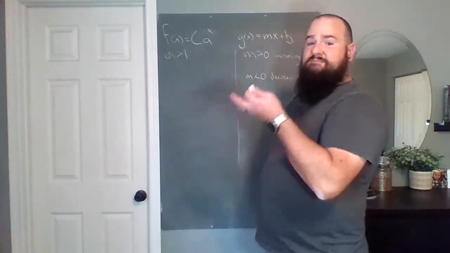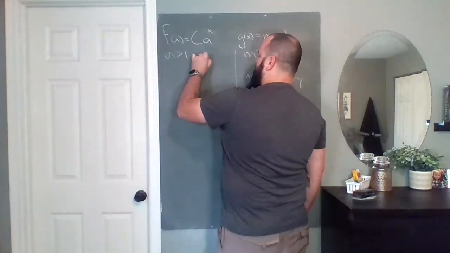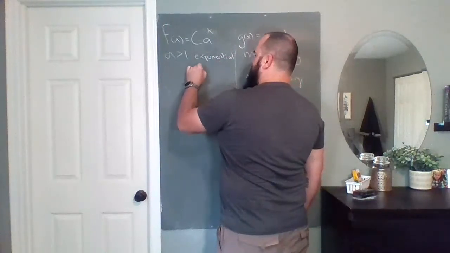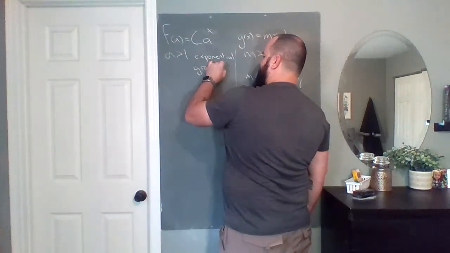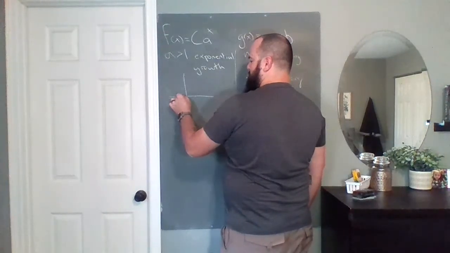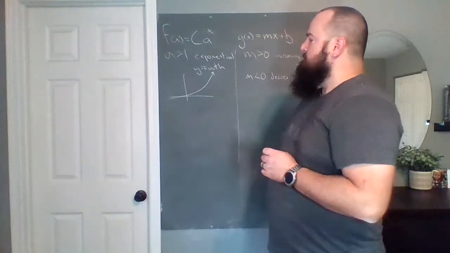So that's making things get bigger. So if a is greater than 1, then we have exponential growth. And graphically speaking, it looks like that. Okay?